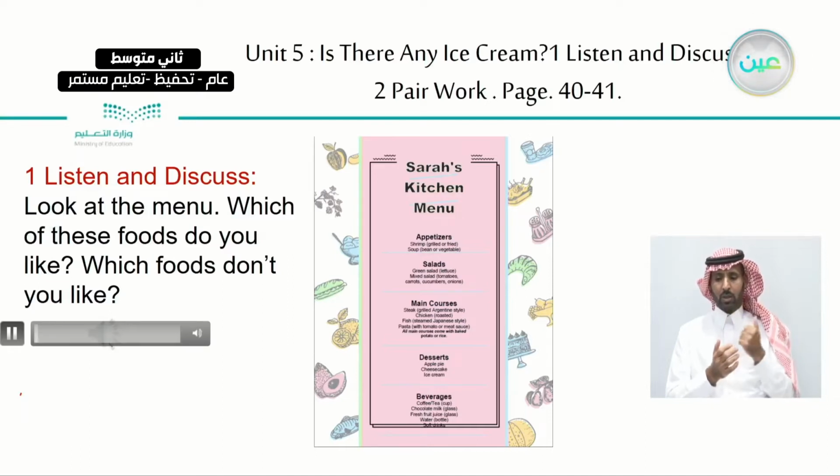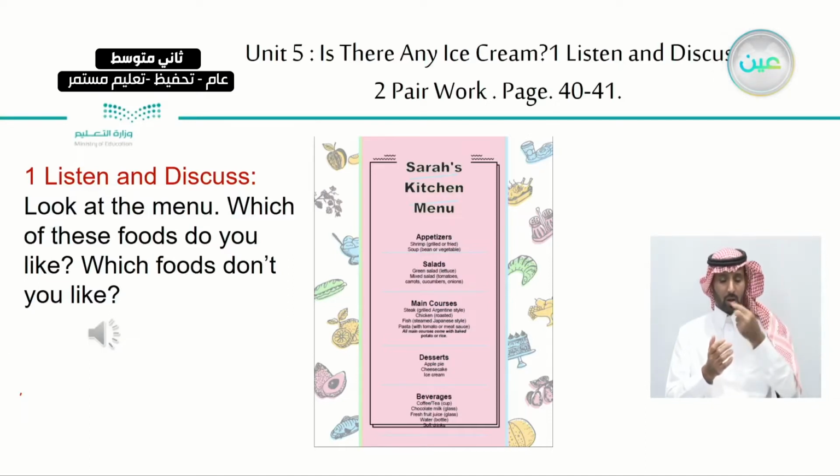Sarah's Kitchen menu. Appetizers: shrimp, grilled or fried; soup, bean or vegetable. Salads: green salad, lettuce; mixed salad, tomatoes, carrot, cucumbers, onions. Main courses: steak, grilled Argentine style; chicken, roasted; fish, steamed Japanese style; pasta with tomato or meat sauce.